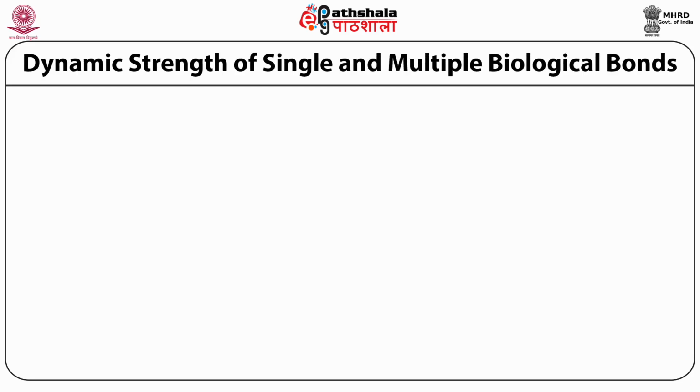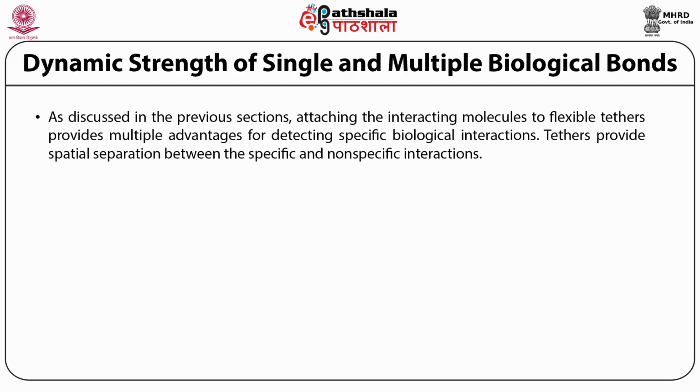Dynamic strength of single and multiple biological bonds. As discussed in the previous sections, attaching the interacting molecules to flexible tethers provides multiple advantages for detecting specific biological interactions. Tethers provide spatial separation between the specific and non-specific interactions.